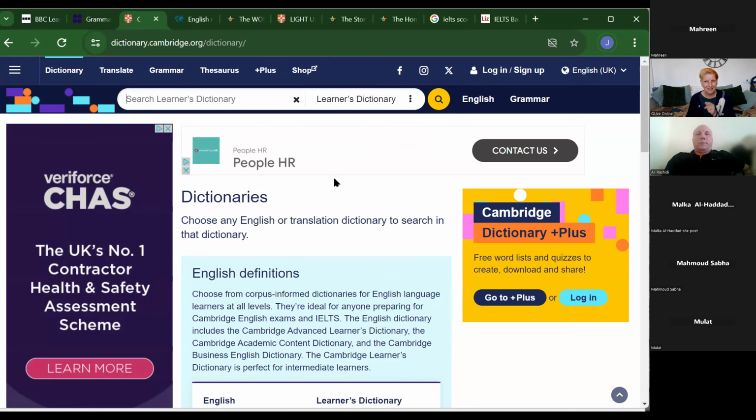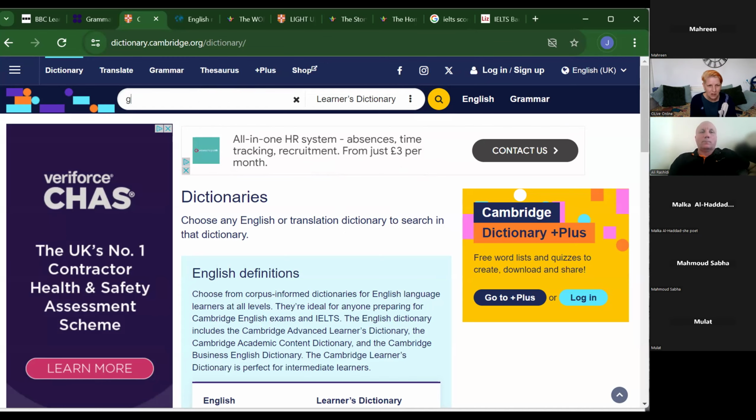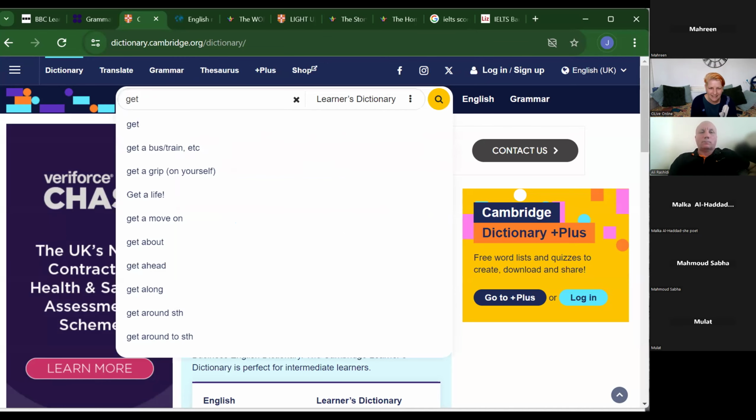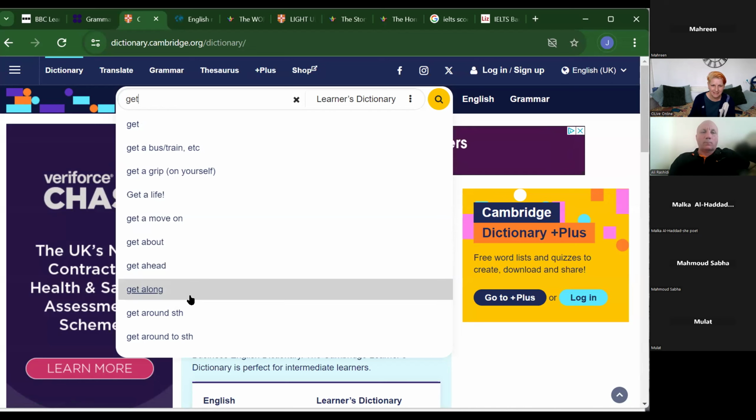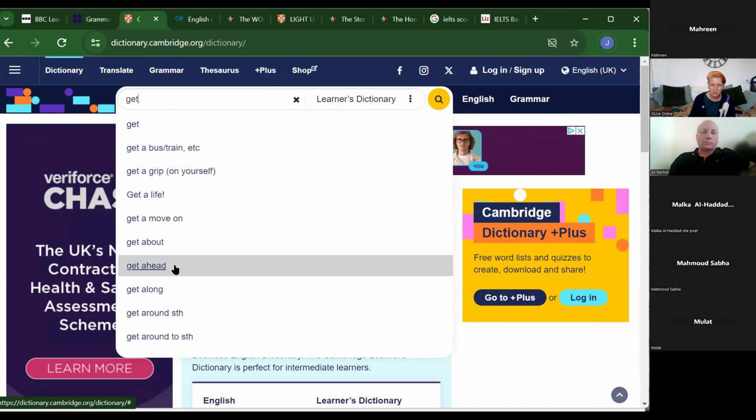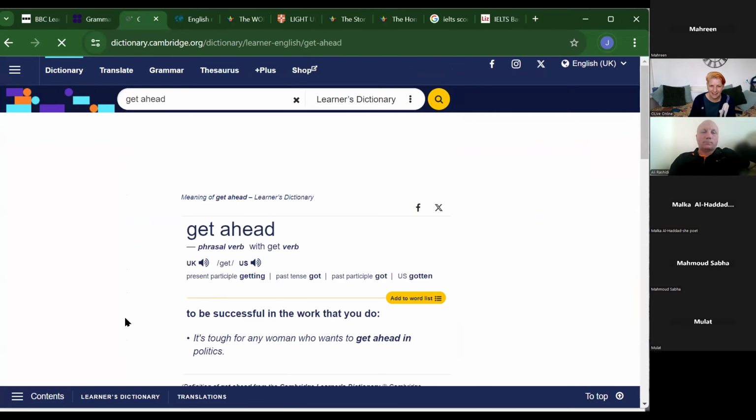And once again, we don't want to go to Google because we get so distracted when we go there. So how do we get ahead with our English? Well, we can type in the word get and look at that. We've got a list of phrases that begin with the word get. So I'm going to try get ahead.